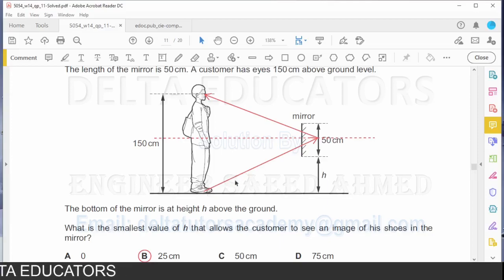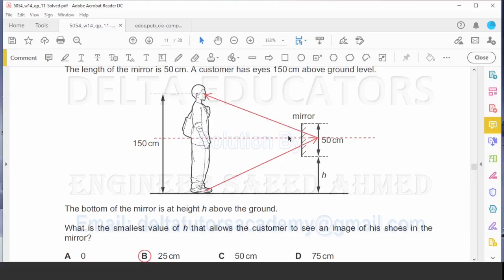The ray that is moving from the shoe to the mirror is called incident ray, and the ray that is reflected back from the mirror is called reflected ray. And here this dotted line is called normal, that is at a right angle to the plane of the mirror. Now the angle in between the incident ray and the normal is called angle of incidence, and this angle must be equal to the angle in between the normal and the reflected ray, that is called angle of reflection.